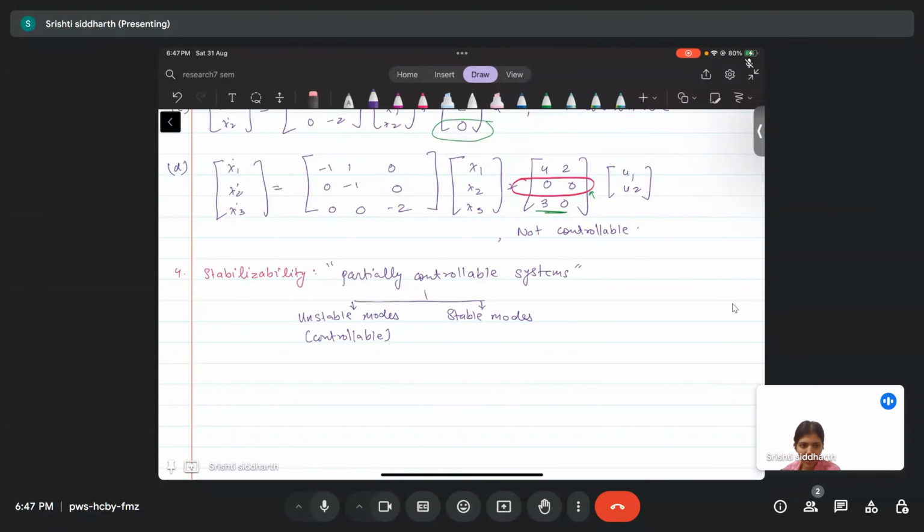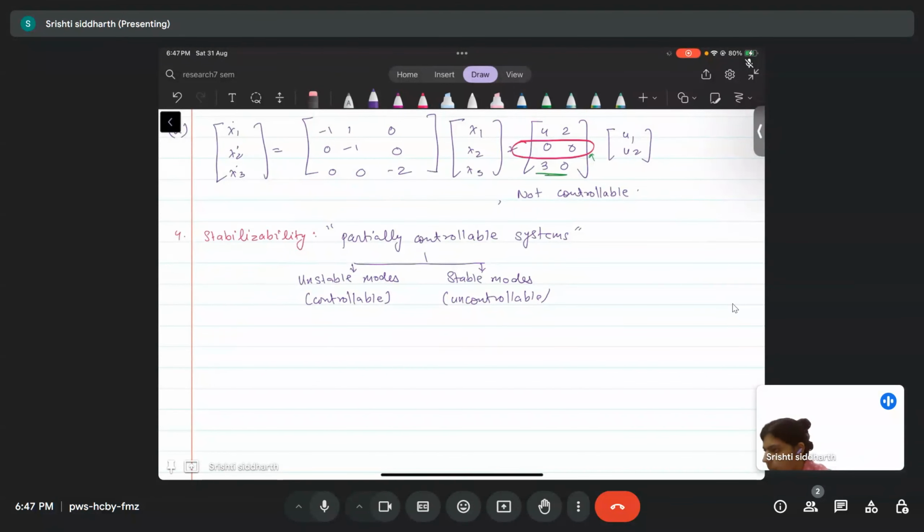And if it's a stable eigenvalue, it's going to decay on its own without any input as well. So this may or may not be controllable. So these are uncontrollable, but these are stable modes, and unstable modes are controllable. So then the system is known to be stabilizable.